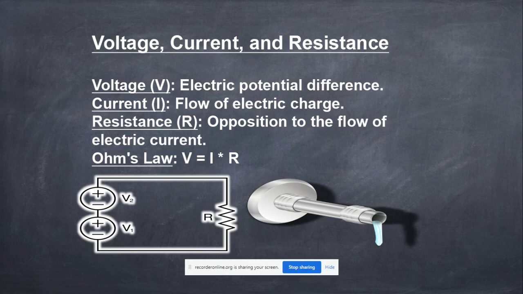So we can take an analogy of the water flow system. As you can see, the water flows through the water pipe. This area in the volume is broader than this one.